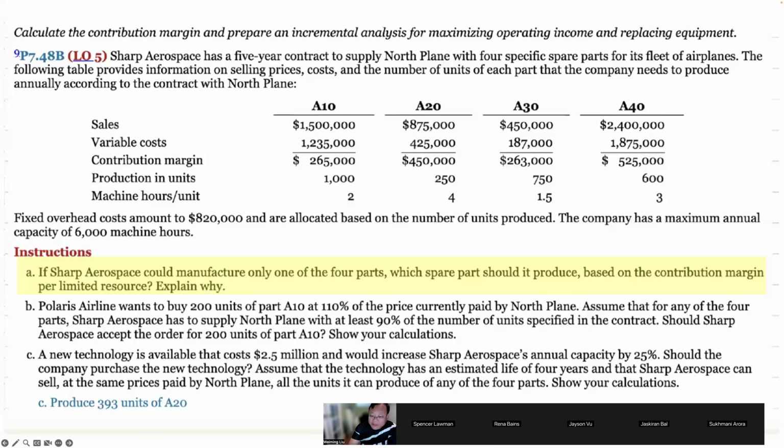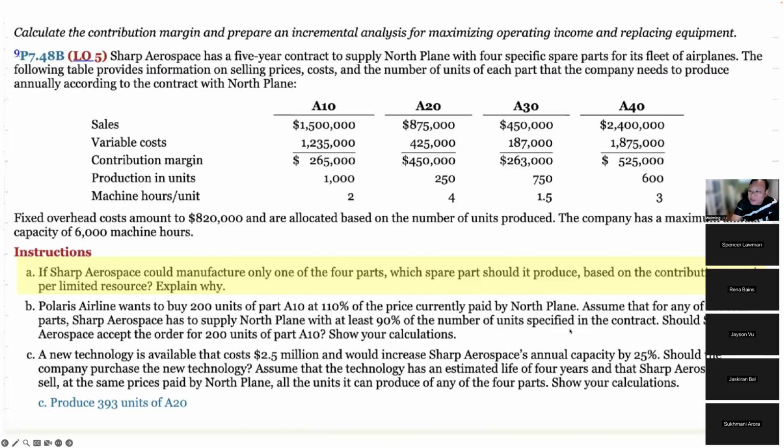Okay, do you have enough time to look into this question?